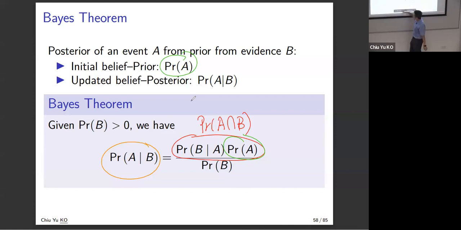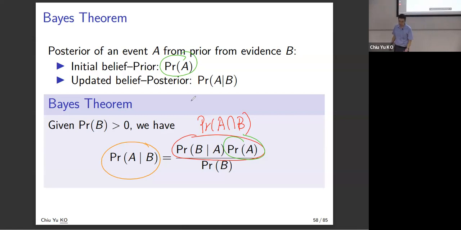Later you will see how we do that, because in the example we should have time to cover. A will be something like how likely you get a disease, and B is a medical test. You want to say, given the test is positive, how likely you get the disease, or if the result is negative, how likely you are not getting the disease.